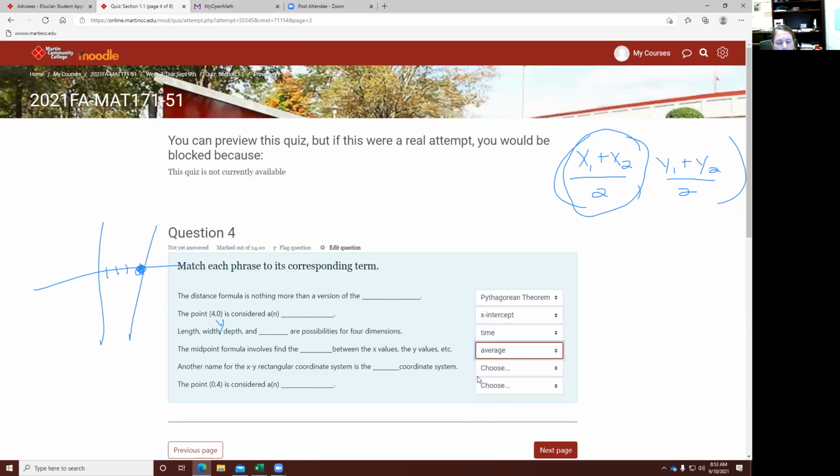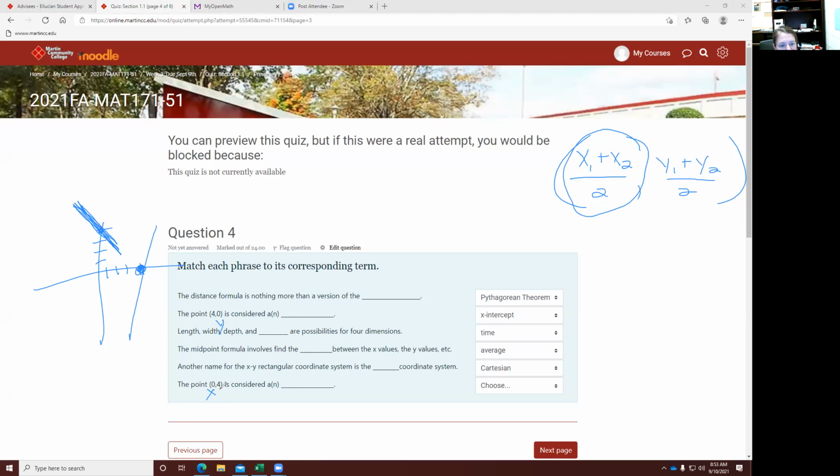Find the average. Another name for the xy rectangular coordinate system is the Cartesian coordinate system, and the point (0, 4). All right, let's draw that one. Where is (0, 4)? 0, 1, 2, 3, 4. What axis is it on? This is on the y-axis. It crosses the y-axis.